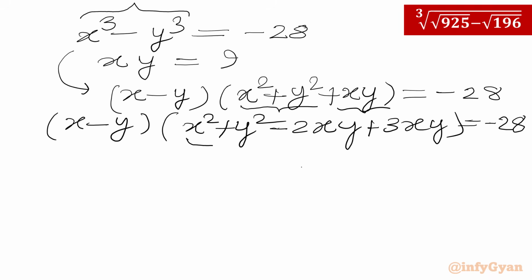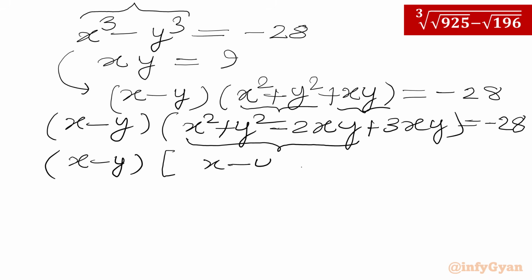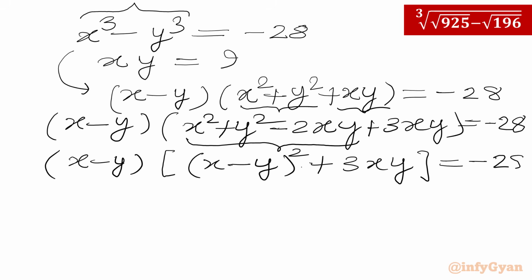Now we will pick these three terms from second bracket and write x minus y whole square. So let us write x minus y. In other bracket, we will write x minus y whole square plus 3xy equal to minus 28.